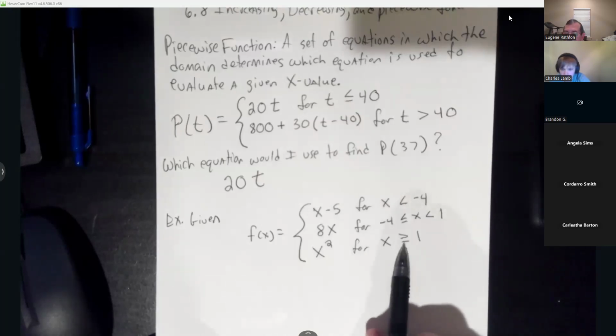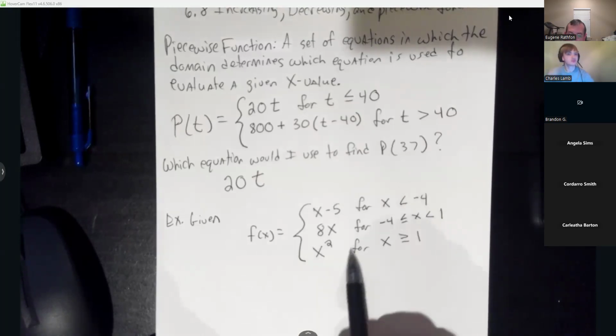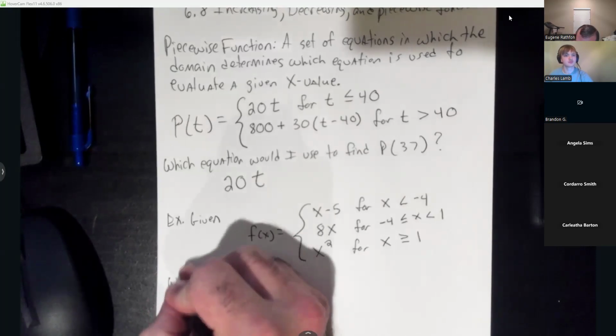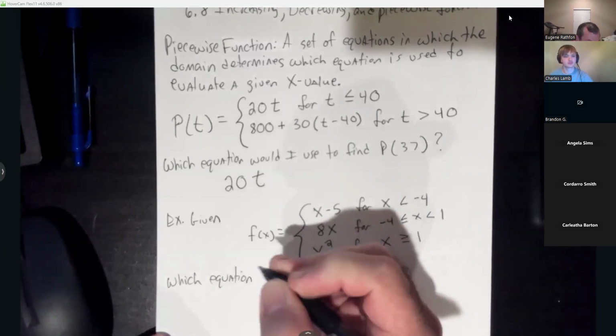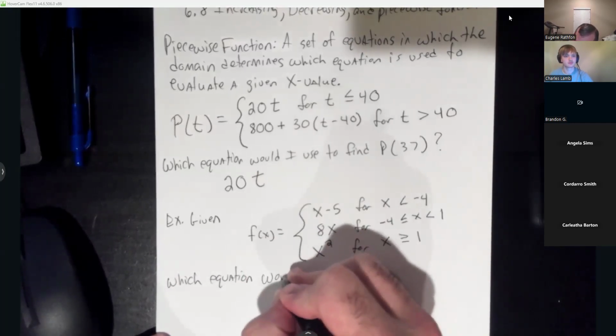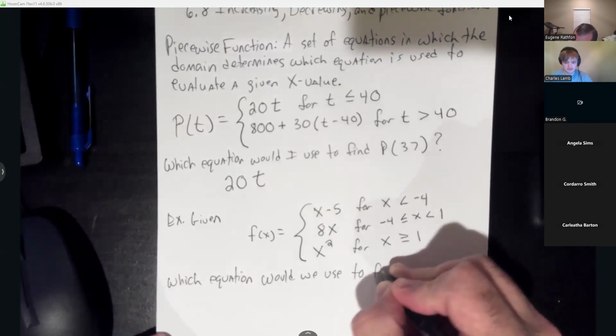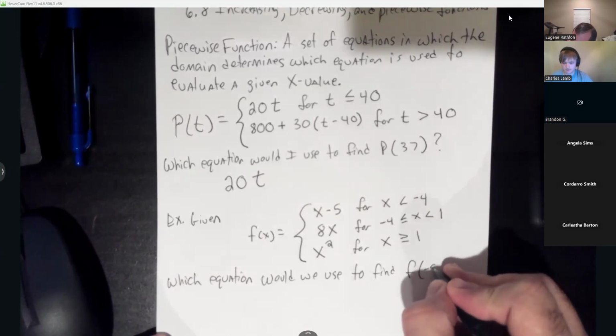If it equals 1 or anything greater than 1, I will use the third equation, okay? So what I want to know, which equation would we use to find f of negative 5?